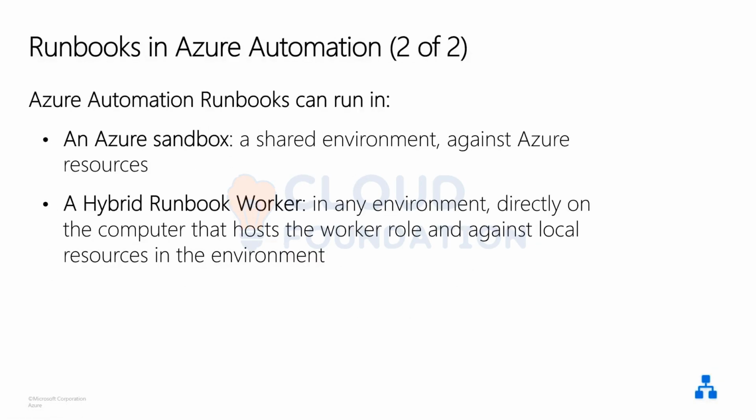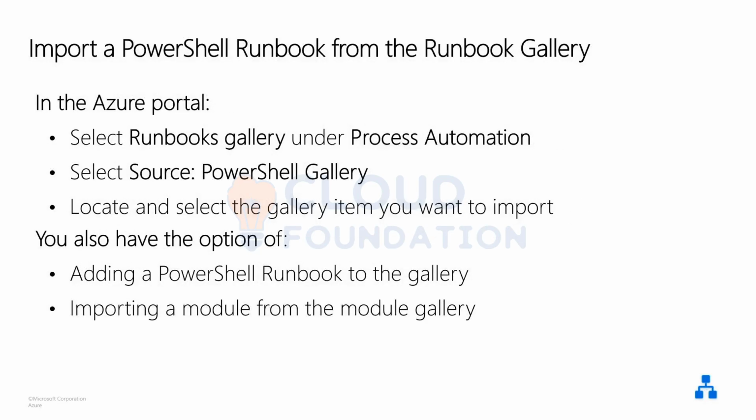Once you are clear about the significance of Azure Automation in terms of creating this resource, you already have a Runbooks gallery. Within the Runbooks gallery, there are a lot of pre-existing members, from a PowerShell workflow perspective. What are the options that we can perform over here?